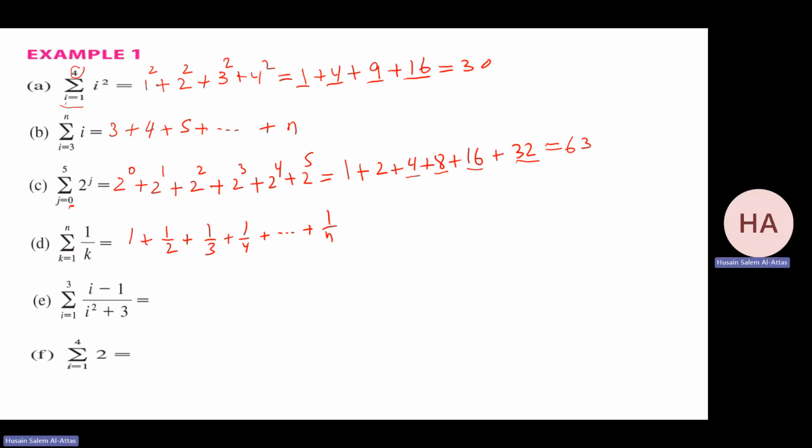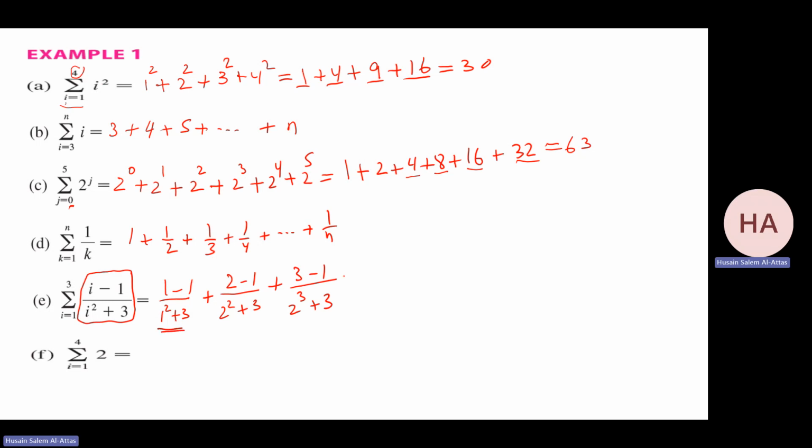Now, summation i equal 1 to 3 of this term is complicated a little bit. So just substitute. i equal 1, I have 1 minus 1 over 1 squared plus 3. i equal 2, that will be 2 minus 1 over 2 squared plus 3. Then i equal 3, which is the last one, that will be 3 minus 1 over 2 cubed plus 3.